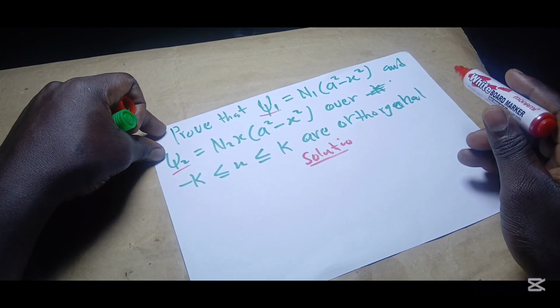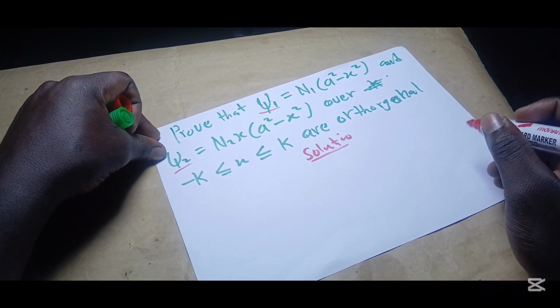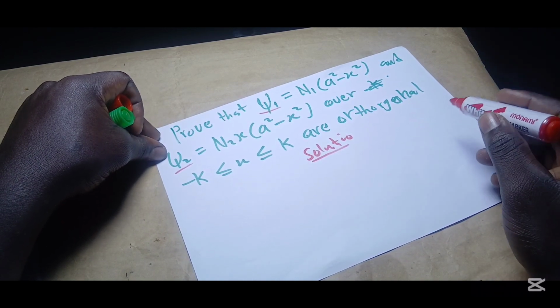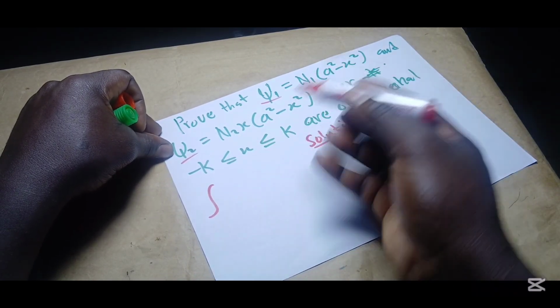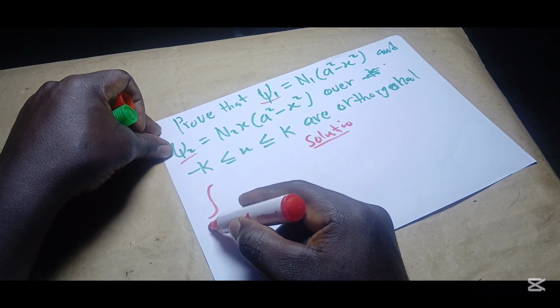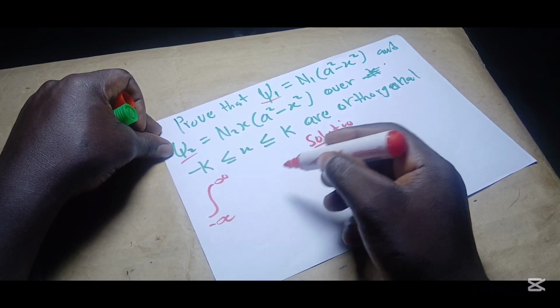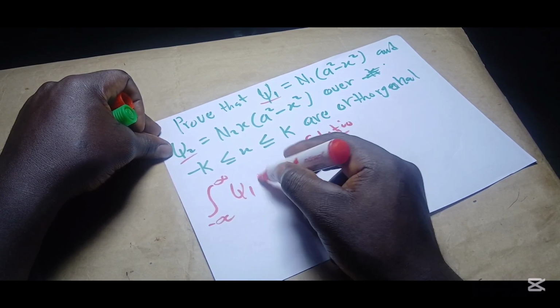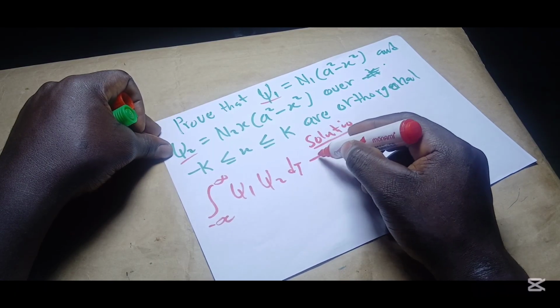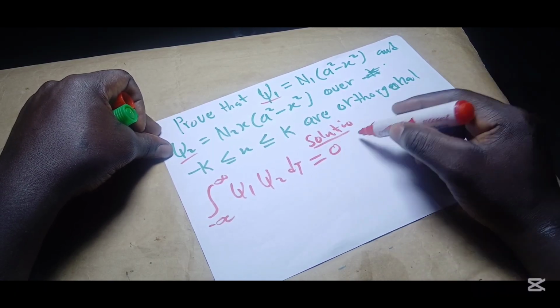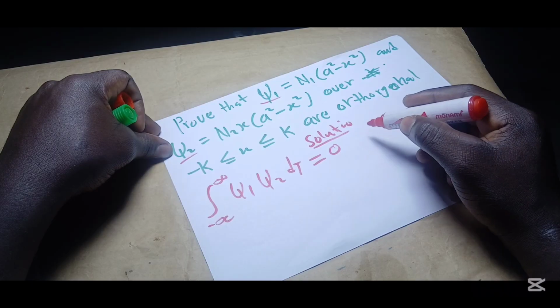And the general definition for orthogonality is that if we take the integral within a given interval, let's say negative infinity to positive infinity, of psi 1 psi 2 dt, and we get our answer to be 0, then the two wave functions are orthogonal.